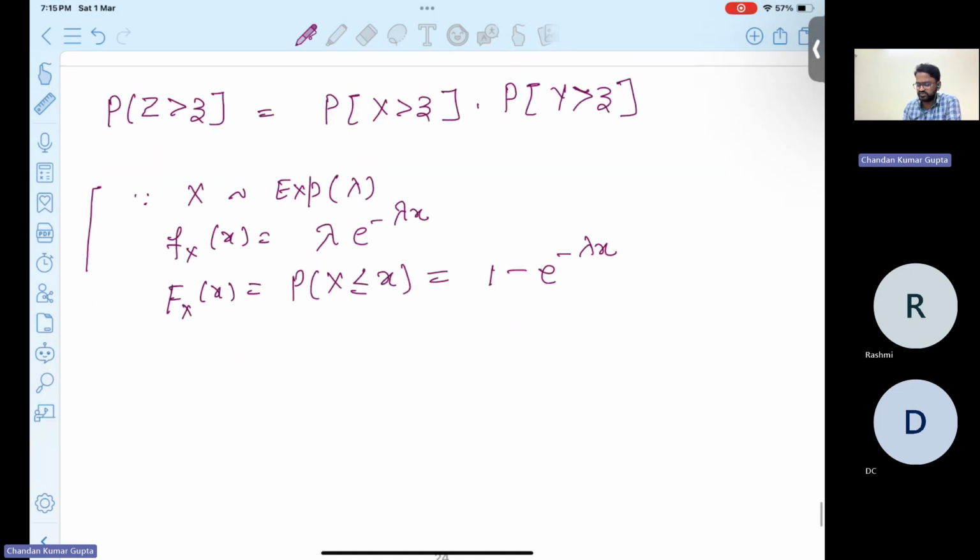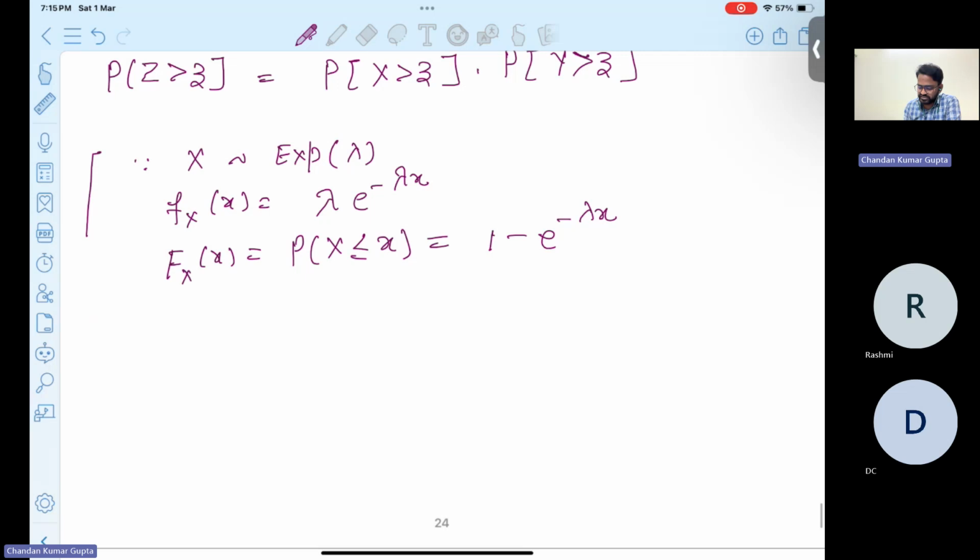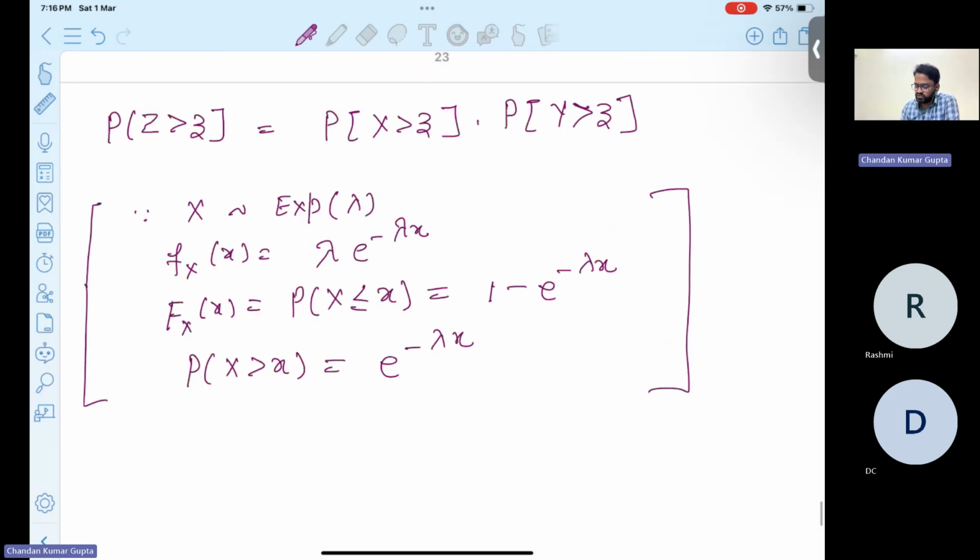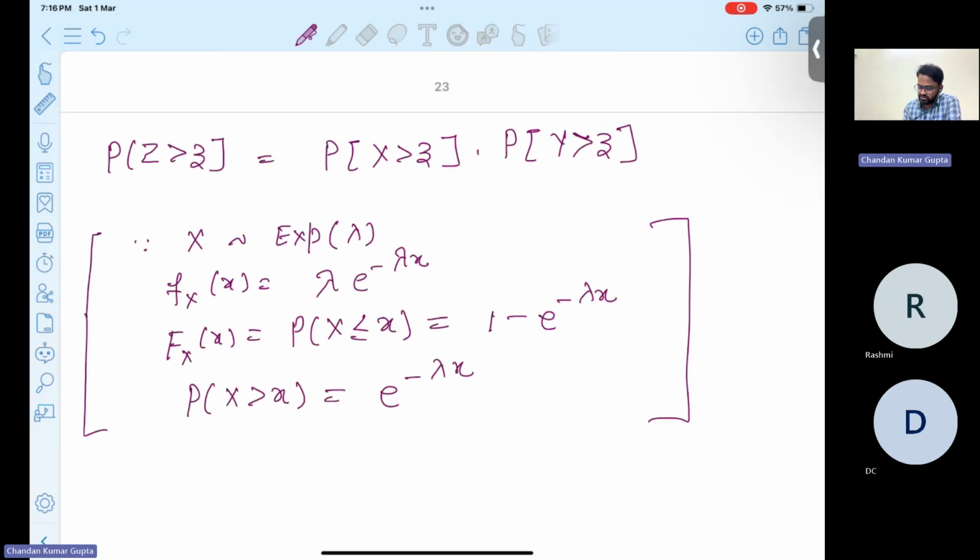These are already discussed in the fourth week. And probability that X is greater than x is defined as e to the power minus lambda x. These are already discussed actually.